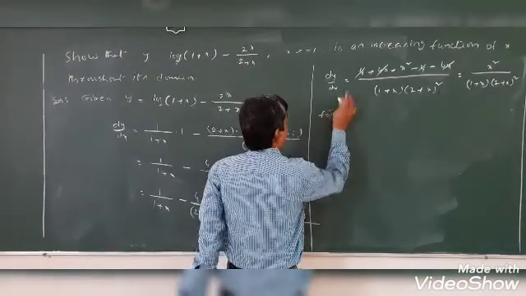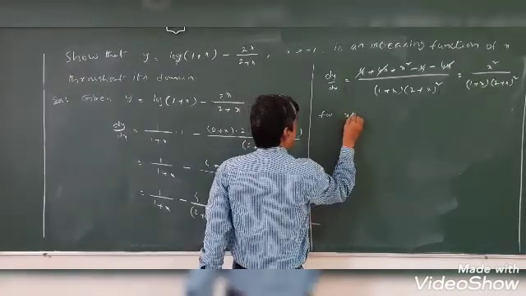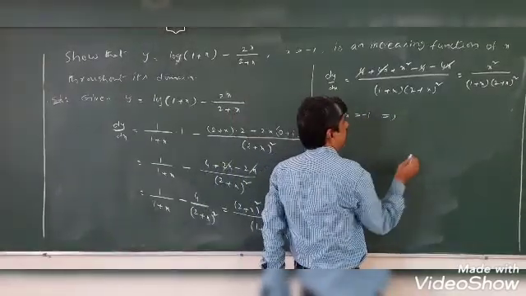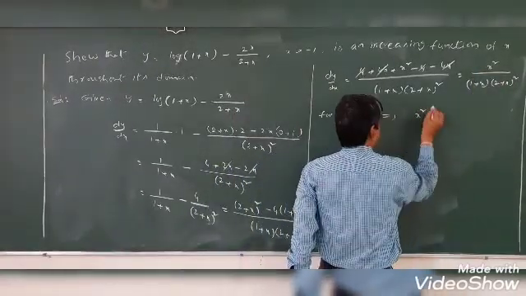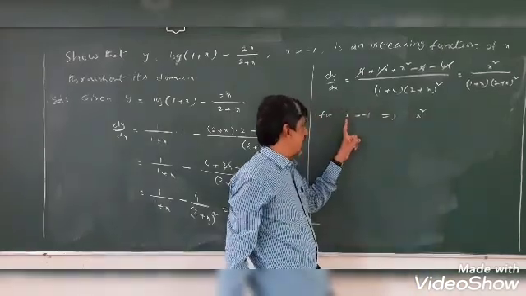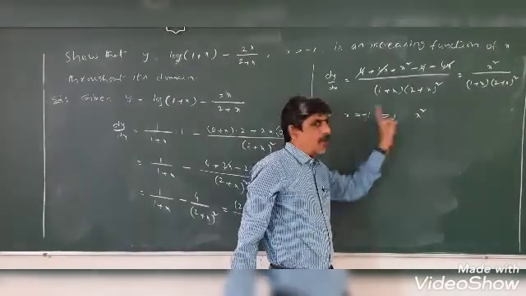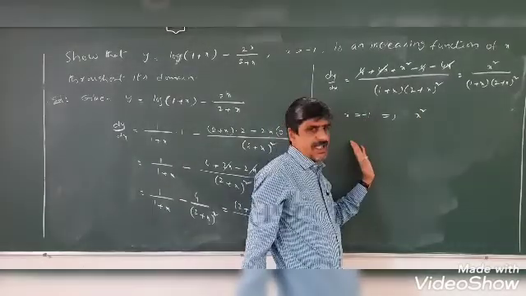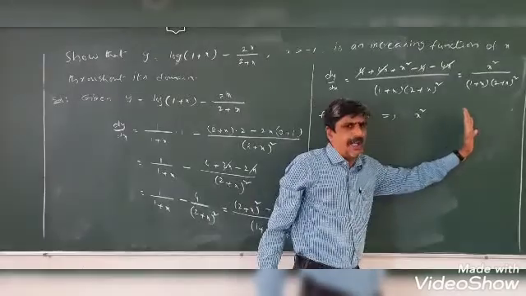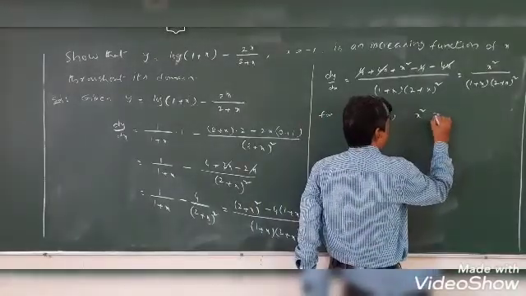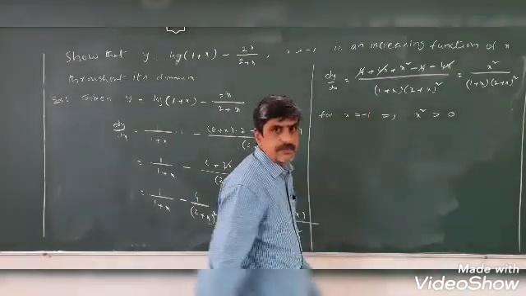For x greater than minus 1, x squared is greater than 0, since the values above minus 1 are minus 0.999999 and so on.